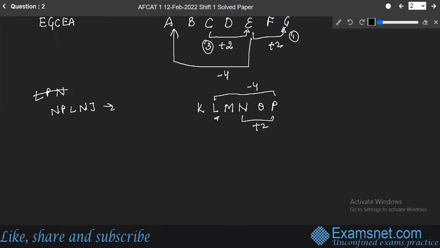Now it is at L and it moves to N, so again it has moved 2 steps further. And then is J. From N to J it has to move 4 steps backward again. So the logic +2 -4 +2 -4 is again being followed.